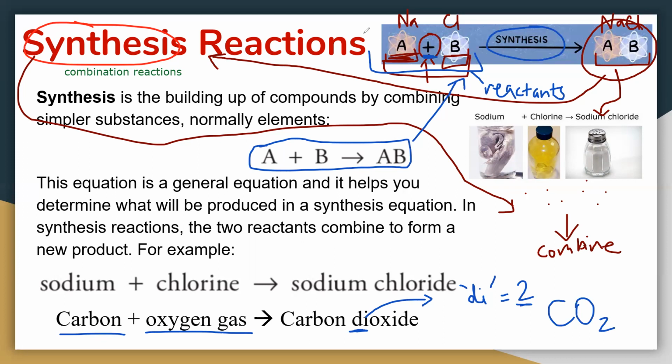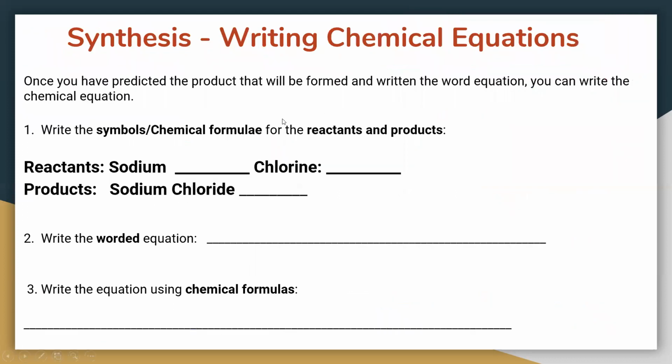Okay, and then basically, if we go to the next slide, we're looking at just some questions about this. So what I want you guys to do now is, and we actually did this last time when we were balancing equations for sodium chloride, answer the following questions on this page. So the reactants, which are obviously going to be to the left-hand side of your arrow, are sodium and chlorine.